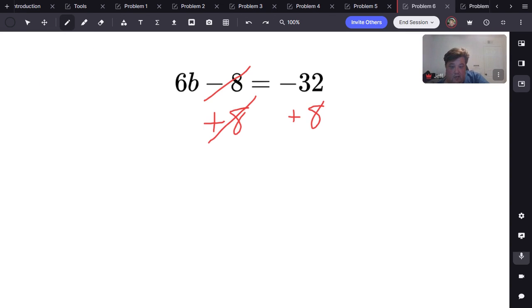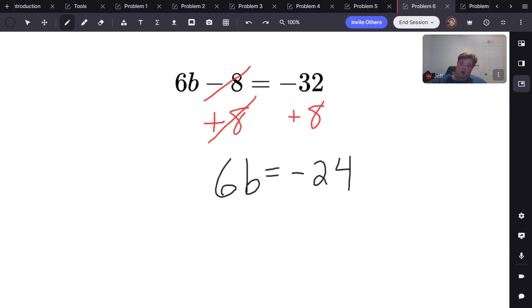And now we're just left with 6b equals, and then -32 plus 8. The 8 positives cancel out with 8 of the negatives. So essentially we're just subtracting, but it's still going to be negative because there are negatives left over. It's going to equal -24. Awesome.